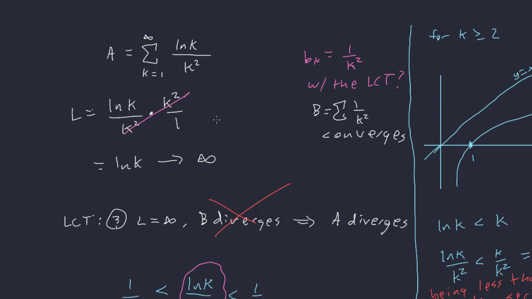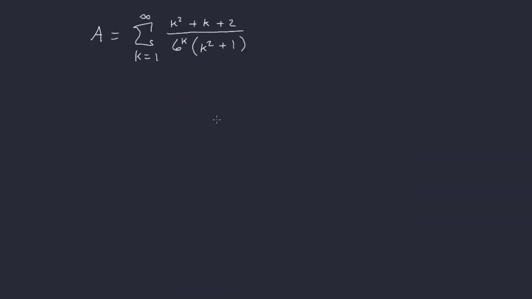All right, we have some time left for a couple more examples. I think at this point I will just be looking at examples of some trickier scenarios. So here we have the series, k going from 1 to infinity of k squared plus k plus 2 all over 6 to the k times k squared plus 1. So I usually like to default to the limit comparison test.